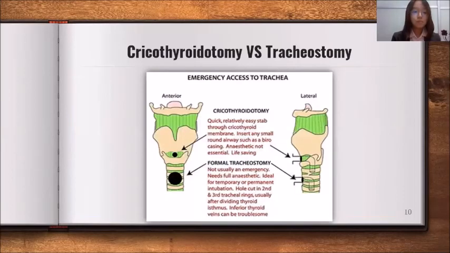So just to let you know, there's a difference between cricothyroidotomy and also tracheostomy. Cricothyroidotomy is usually used in emergency situations as it is quicker and also easier to perform, whereas tracheostomy requires full anesthetic and can be done after a cricothyroidotomy.